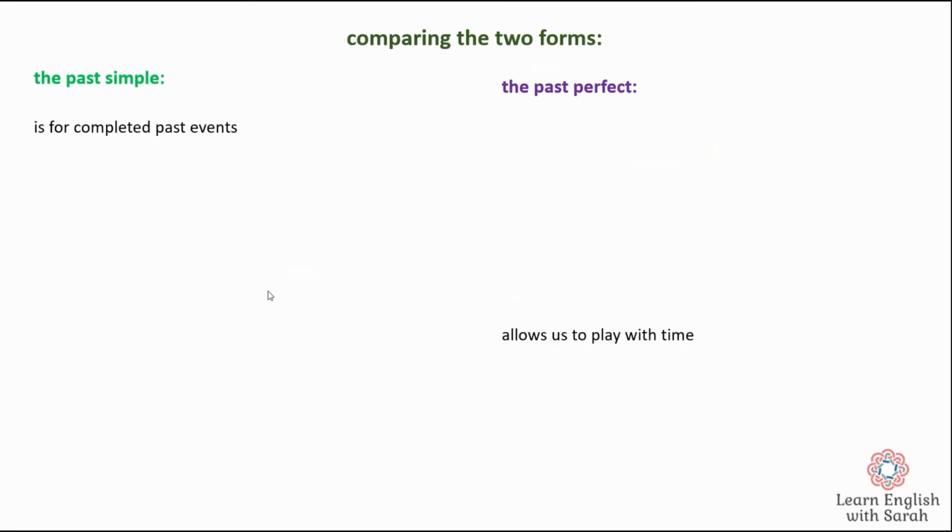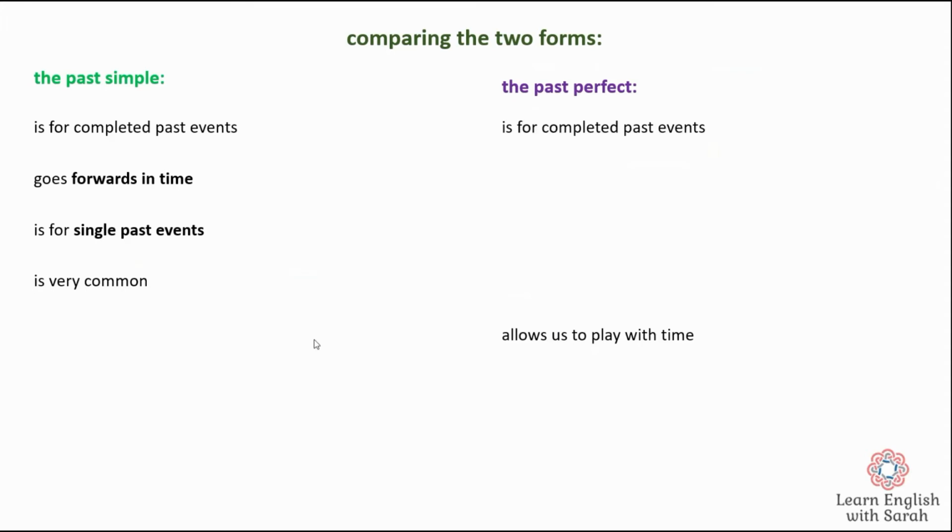Alright, so the past simple is for completed past events. It goes forwards in time, it's for single past events, and it's a very common tense. Past perfect is also for completed past events, but these go backwards in time.